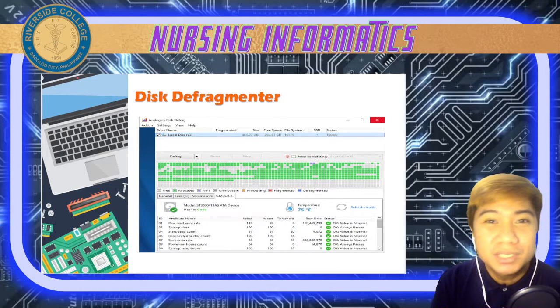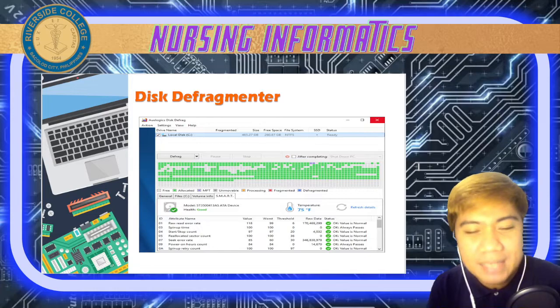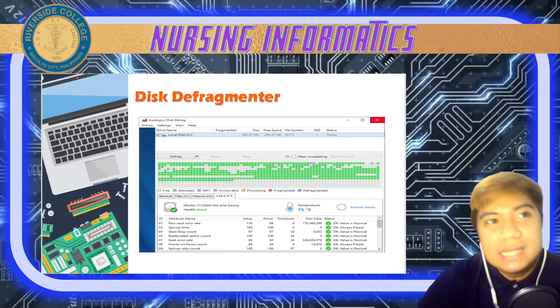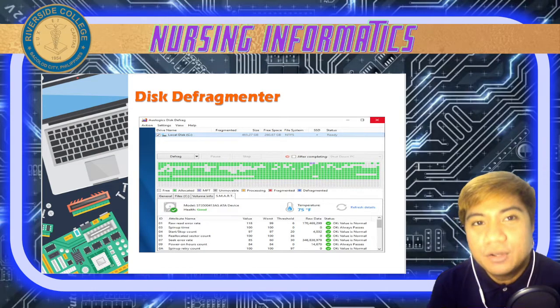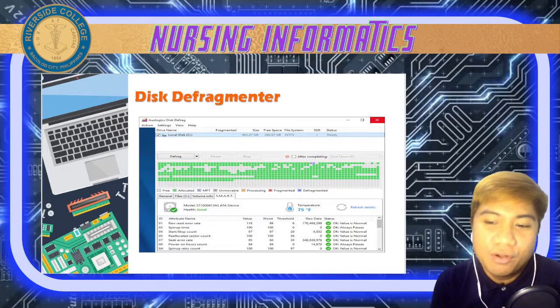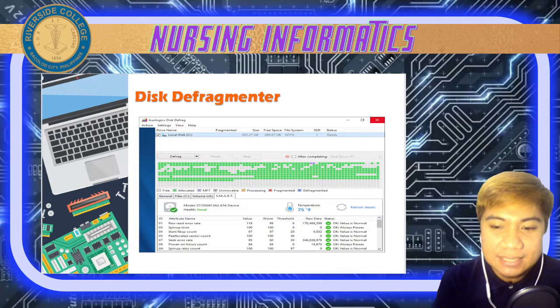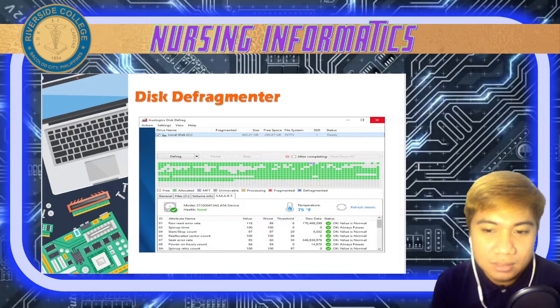I usually use this one, the disk defragmenter. Your disk defragmenter, class, is a utility in Microsoft Windows designed to increase access speed by rearranging the files stored on a disk to occupy contiguous storage locations.